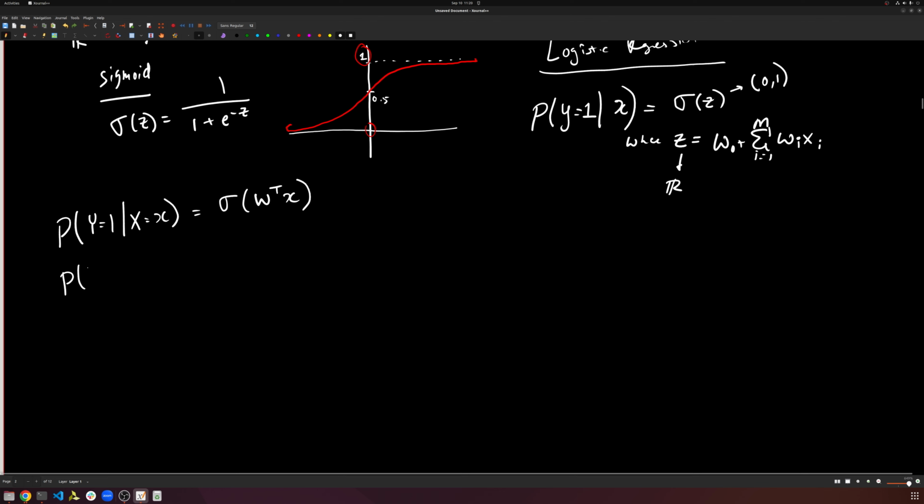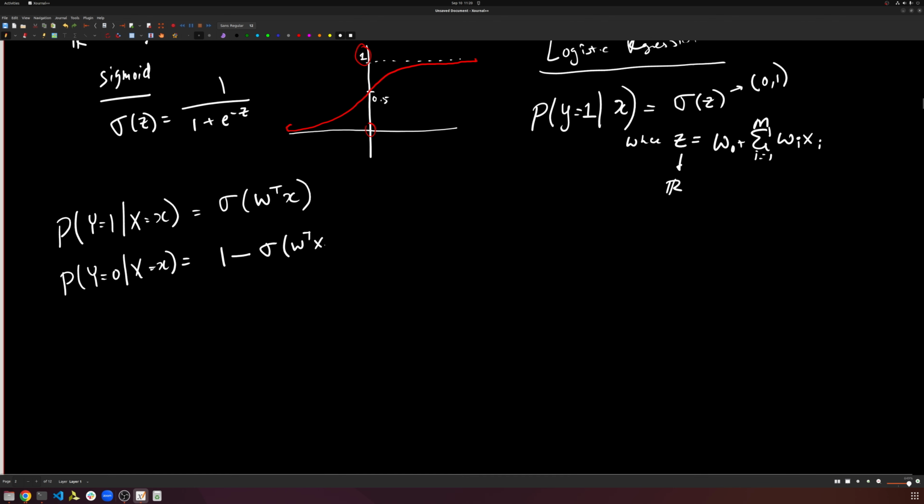The probability of y equals 0 given x equals x, on the other hand, is just 1 minus the same thing, 1 minus sigmoid of w transpose x, because probabilities have to add up to 1. 0 and 1 are my two possibilities, so whatever one thing is, the other one must be 1 minus the other thing. So these two sum to 1. No big deal there.